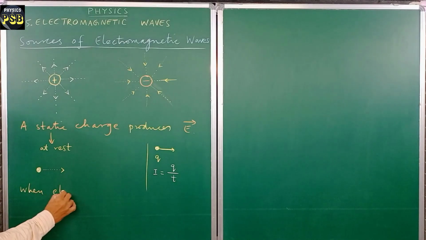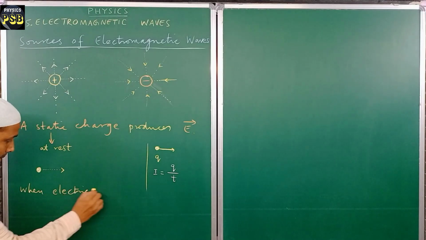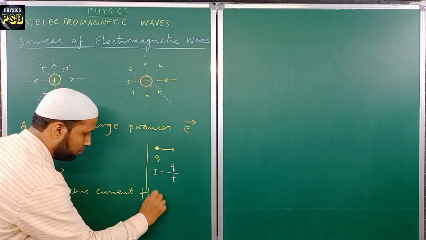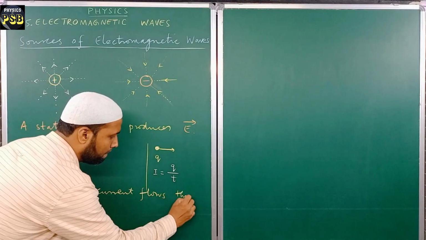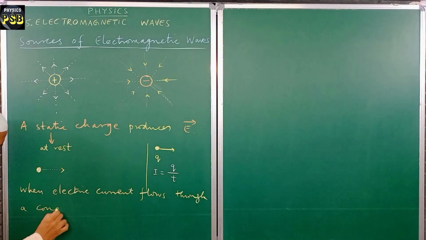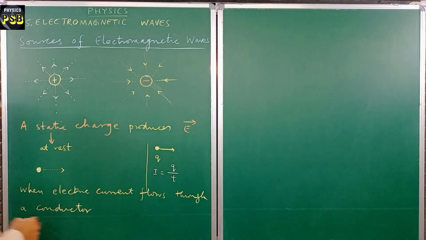So when electric current flows through a conductor, what is a conductor? A conductor is anything which allows current to pass through it.